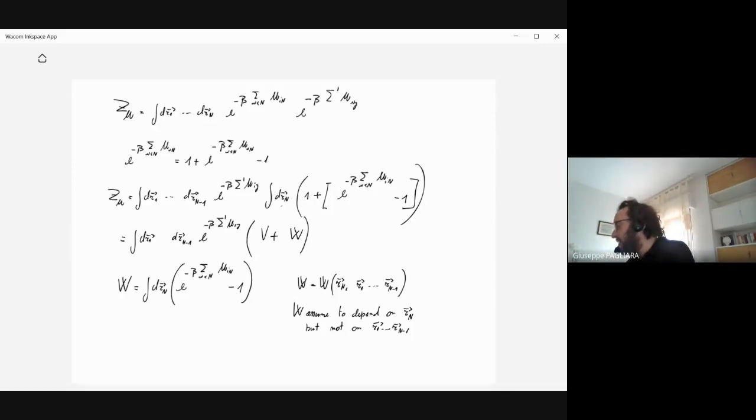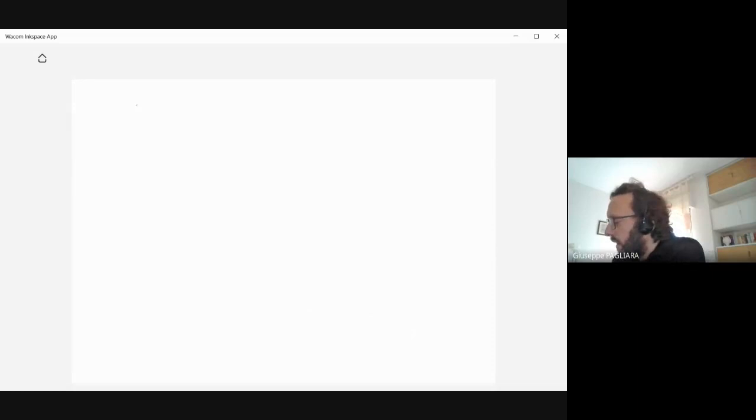So to motivate this assumption, which we will do in a moment, let's make a plot of the integrand of this function here. Let me change page first of all. Let's call I this function here, e to the minus beta u of r_n minus 1, because in the integral of W, I always have an integral of this form, containing the exponential of the sum.